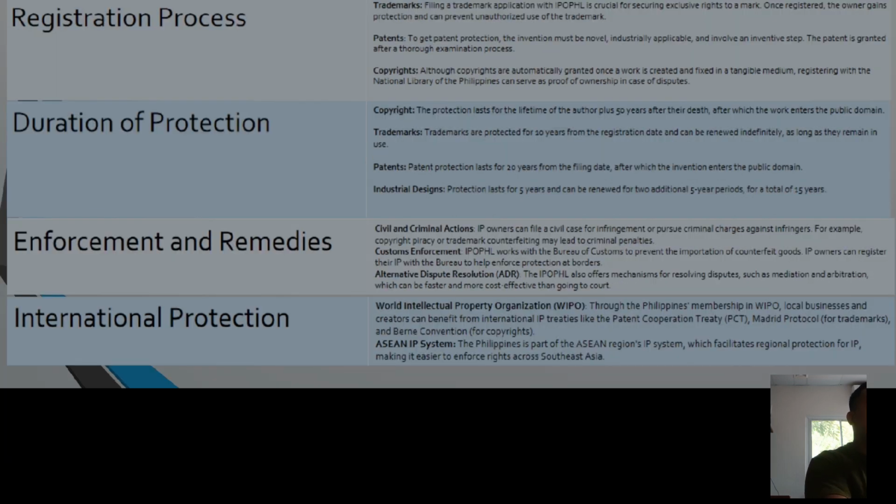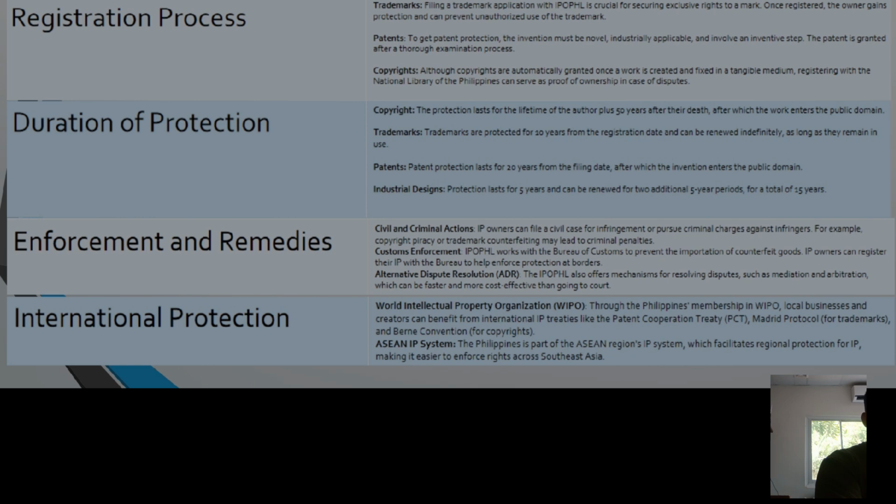When it comes to international protection, the Philippines is a member of different agreements or treaties, making intellectual property a lot easier to protect, not just here in the Philippines but also at a global level.